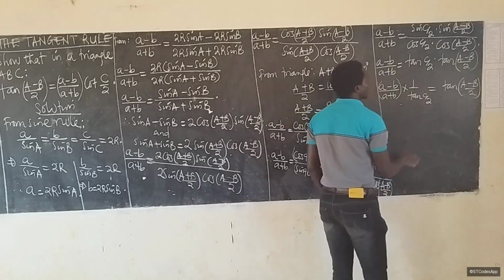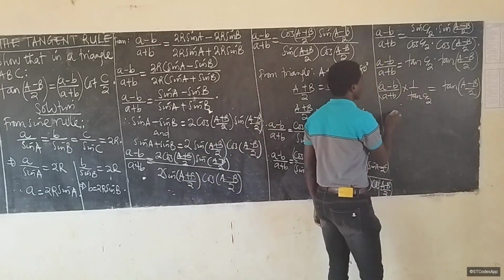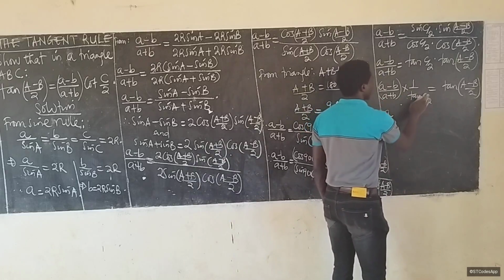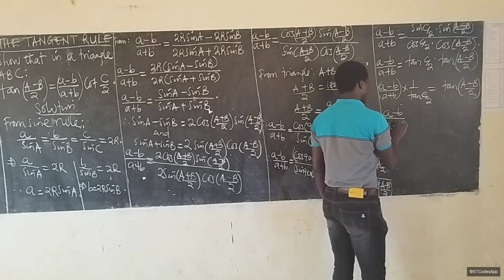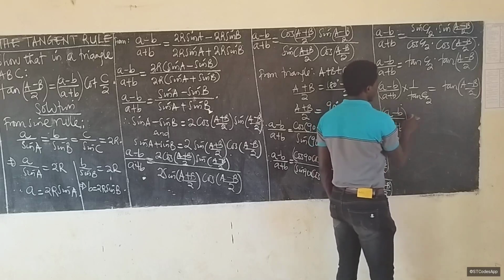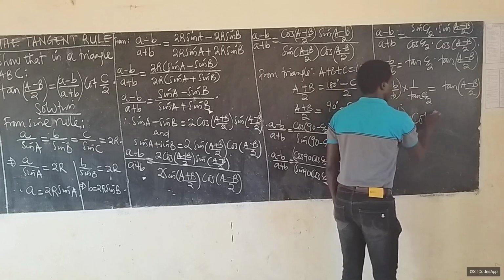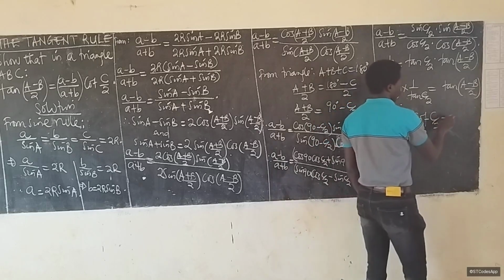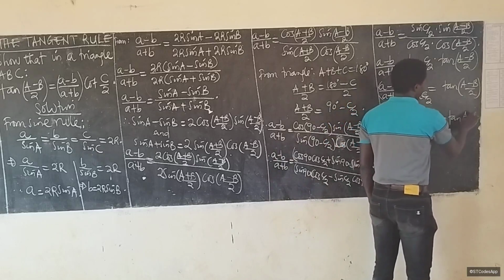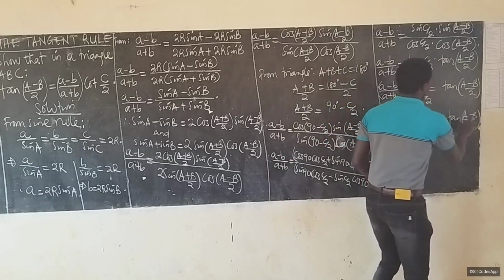So therefore 1 out of tan C out of 2 becomes (A minus B) out of (A plus B). Now all of this is equal to, this one becomes a cot of C out of 2, which is equal to tan of (A minus B) out of 2.